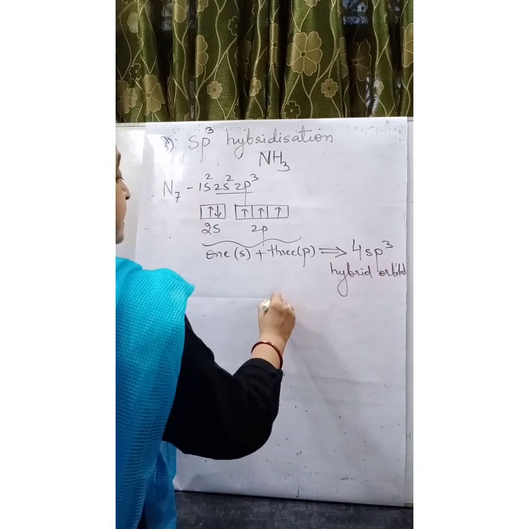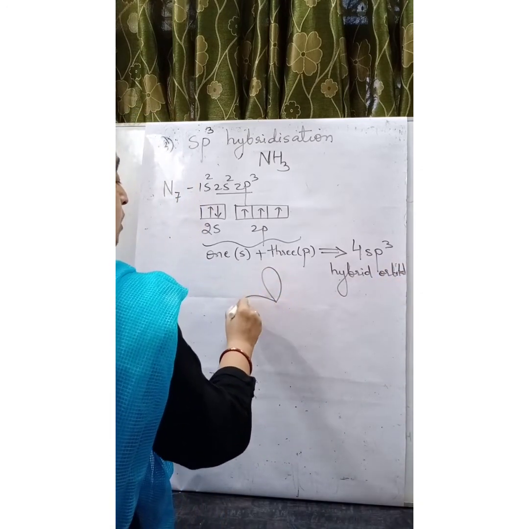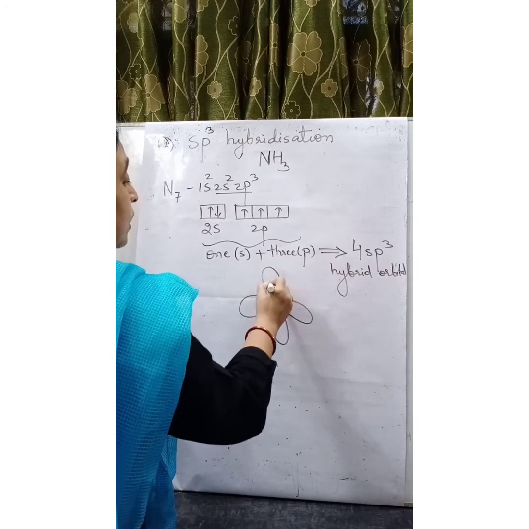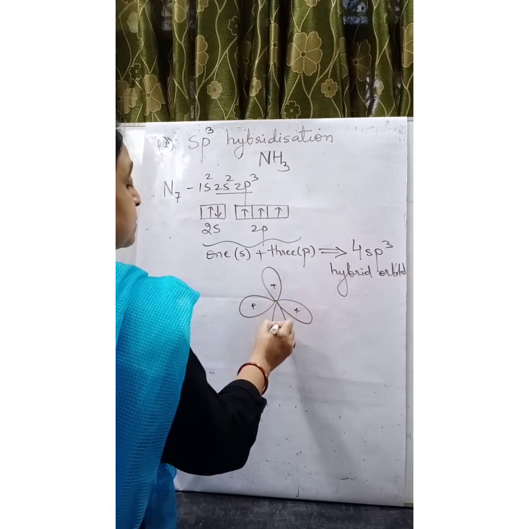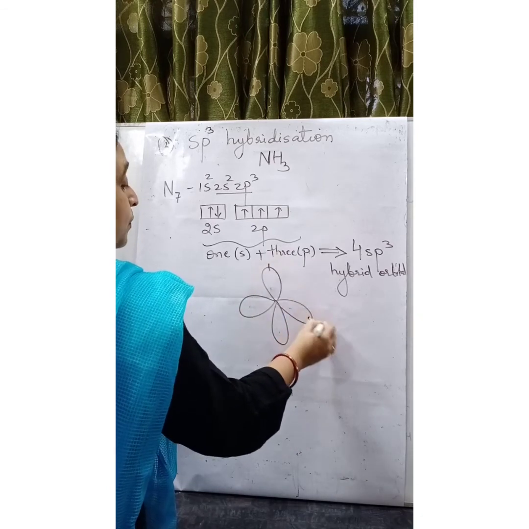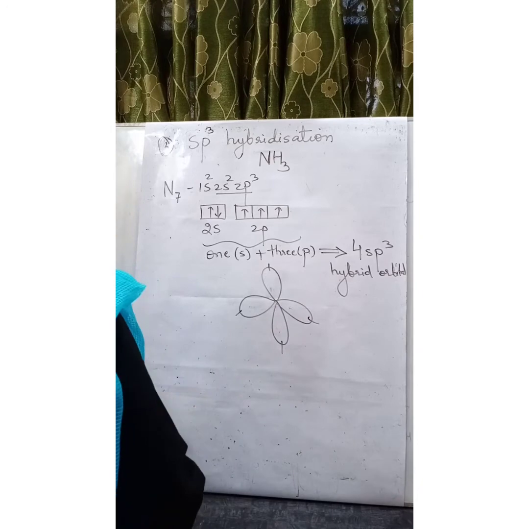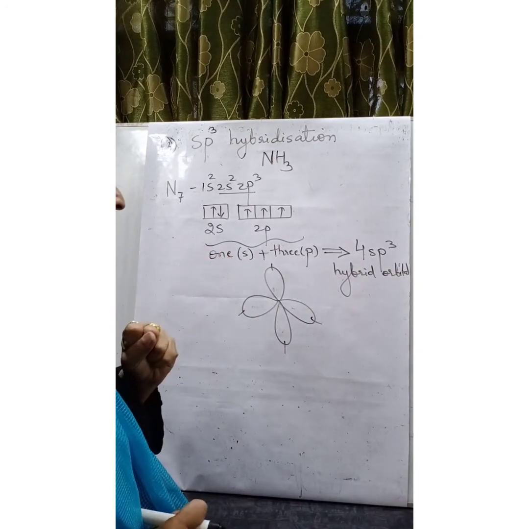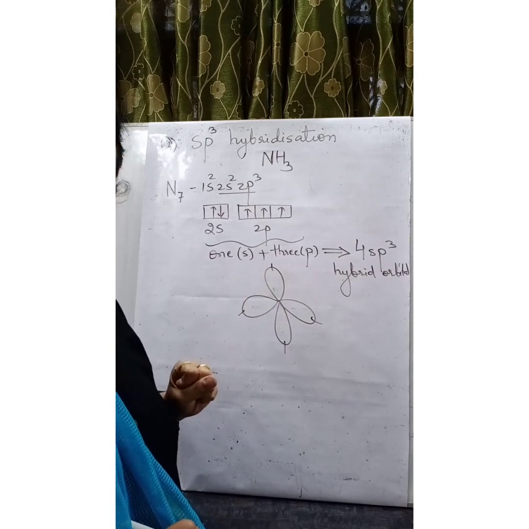So this is 1, 2, 3 and 4. These are the sp3 hybrid orbitals with a bond angle of 109.5 degree and tetrahedral geometry.